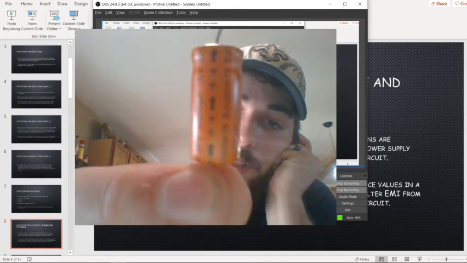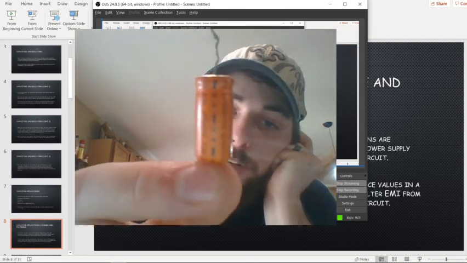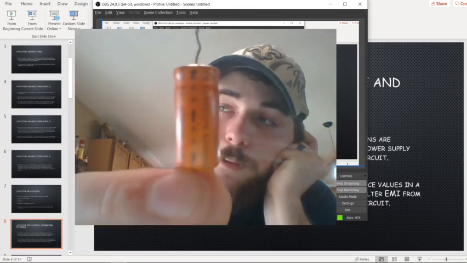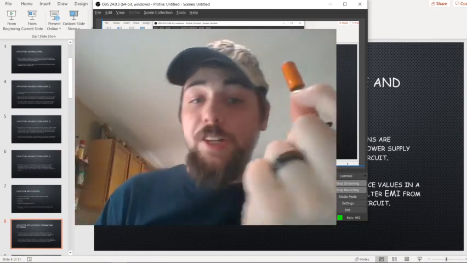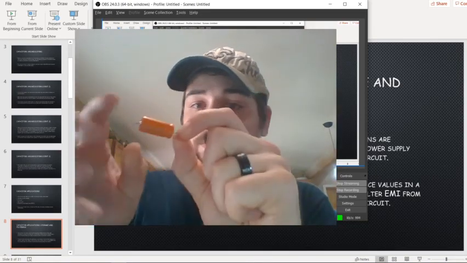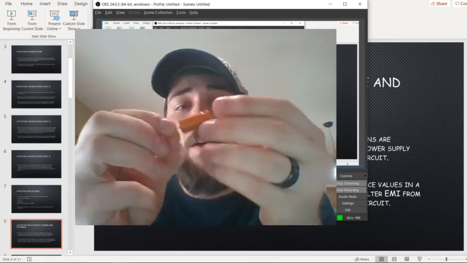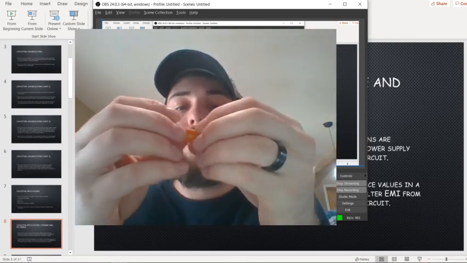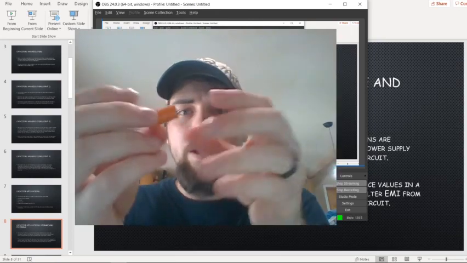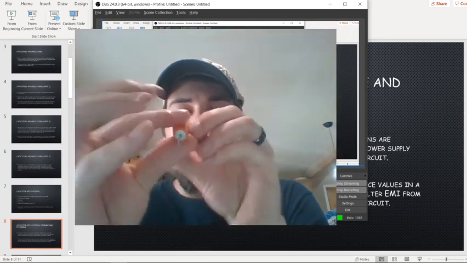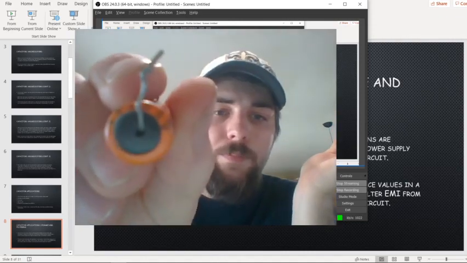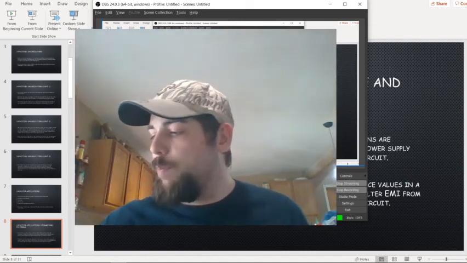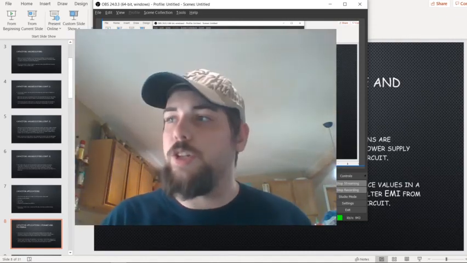Can you see that? It's pointing to the positive. So a careful glance shows you that this is the positive end that I'm holding, and this is the negative end. But if you were not careful, and you didn't look at the shape of it or anything like that, you could put it in backwards, and this thing would blow that plug out and make a whole big mess, and it's just ugly.